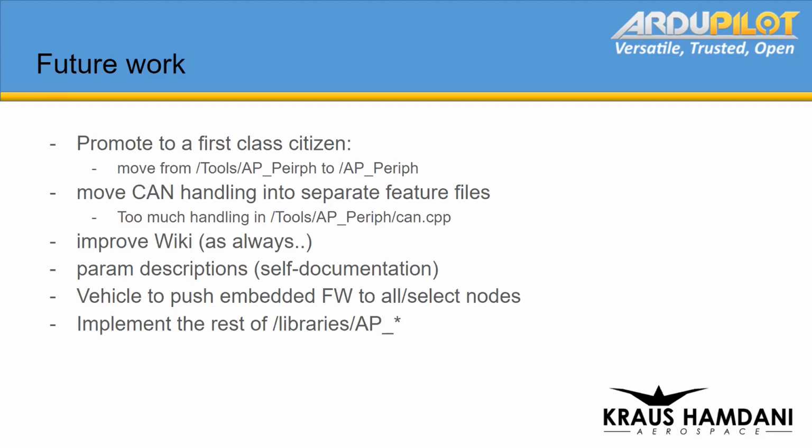And with an onslaught of features, you also get lag on the wiki, on the documentation. So we need to make sure we keep up with that and update the feature list. One of the problems we have right now is we don't have the param descriptions.